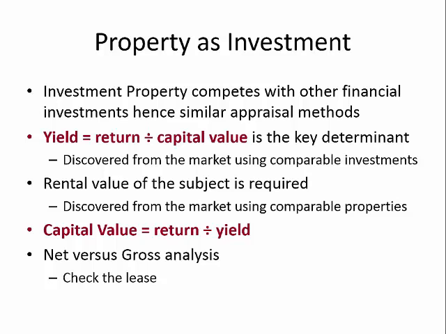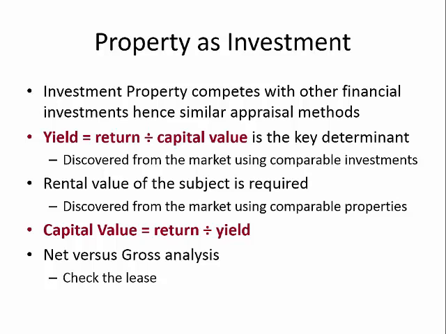Now, if we know the yield that's operating in a particular property market, and we know the rent, we can get the capital value simply by dividing the rent, the return, the net operating income, by the yield. And that's exactly what the income approach is. Very, very simply, in this second last bullet point here, capital value, or the sale price of land, equals the return, as in the rent, divided by the yield.